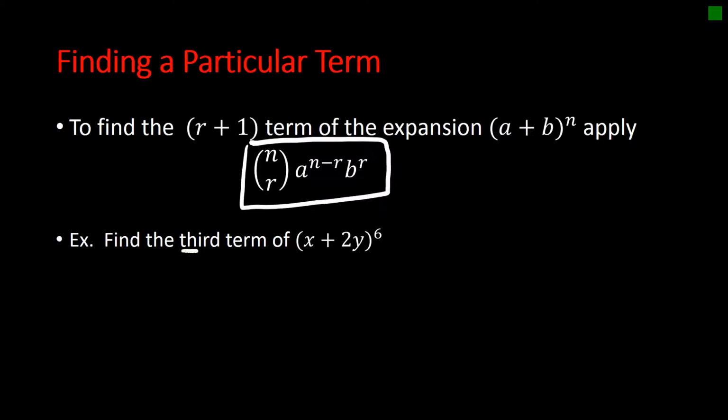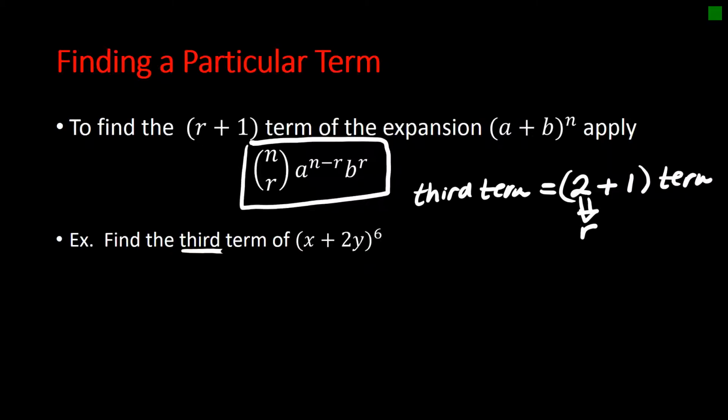So in this example, we want to find the third term. And we have to break down the third term as the 2 plus first term, where our 2 is r. So we have n, which is 6, above r, which is 2.